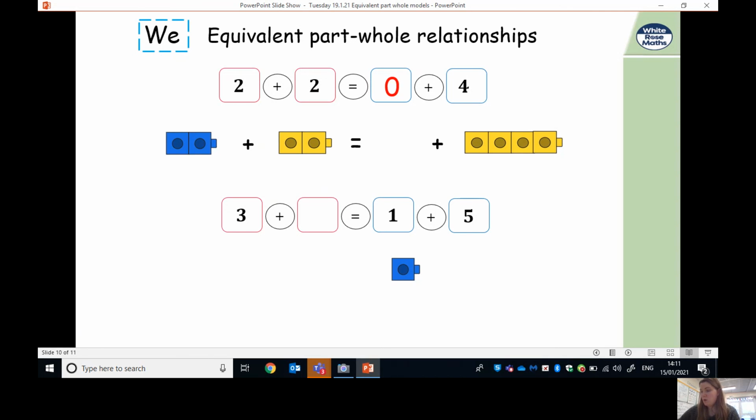And once you've worked out what number we're making, you find the number on the other side. Okay, how are you going to find the number on the other side? By counting them and using your number bonds. Well done. Okay, are you ready? I'm going to give you 3 minutes to have a go. 3 plus something is the same as 1 plus 5. Put me on pause. Off you go.